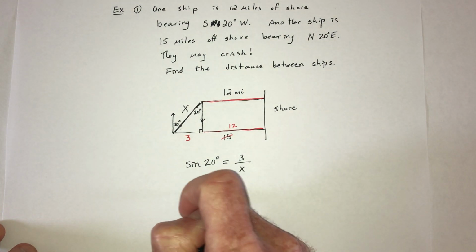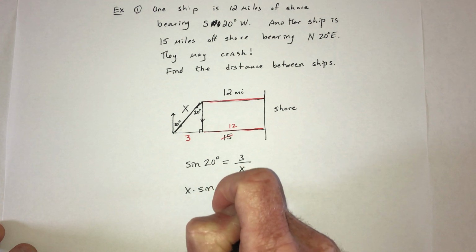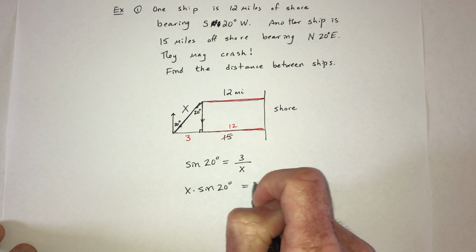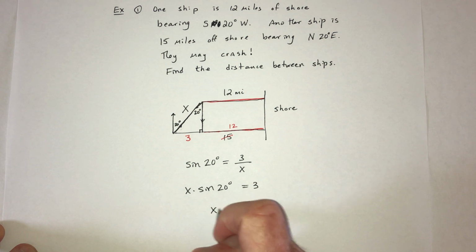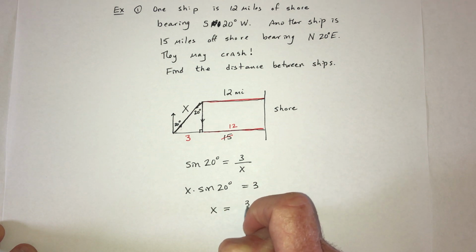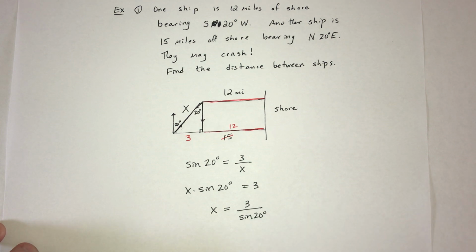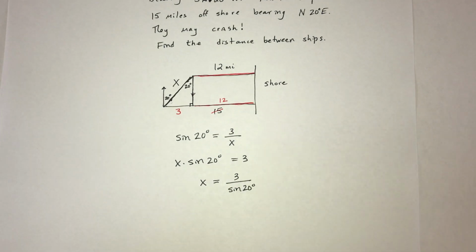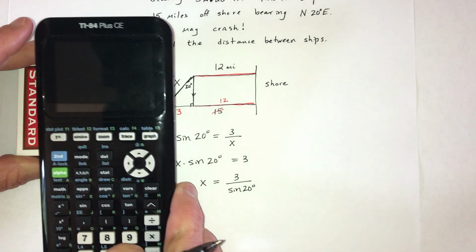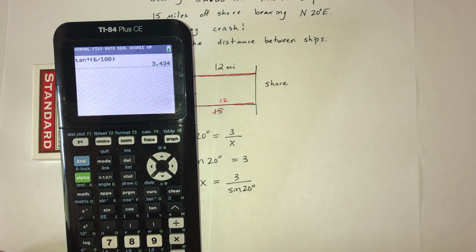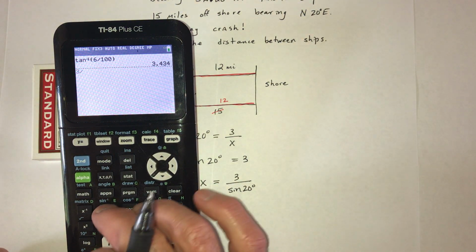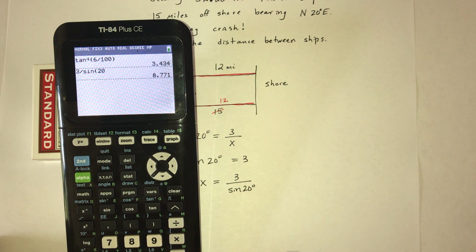And then you can multiply both sides by x. And last, divide both sides by sine of 20 degrees. So it'll be 3 divided by sine of 20 degrees.